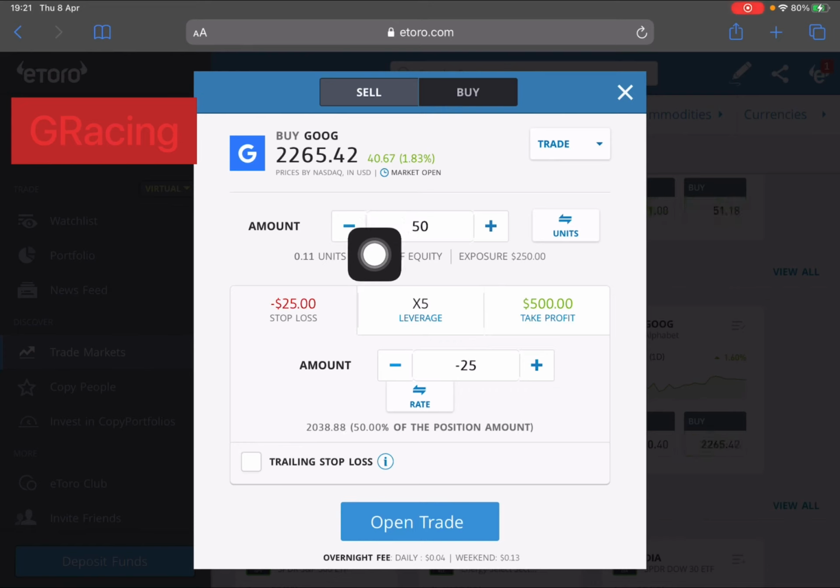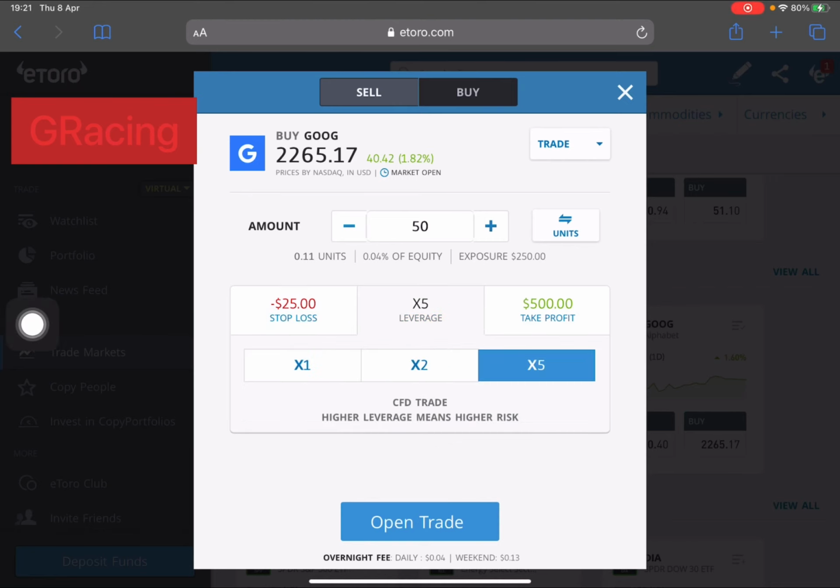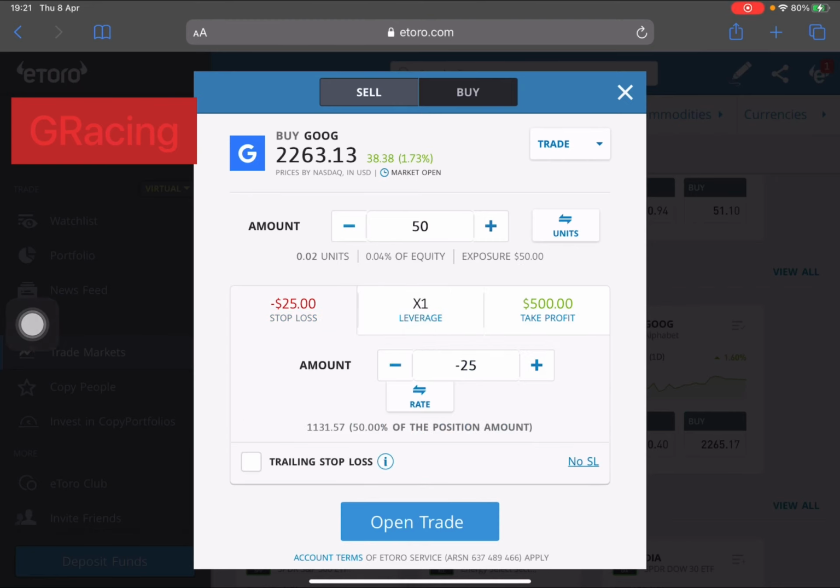At least it didn't eat all of your 50 US dollars. So that's how they protect your money, by using a stop loss. But of course, guys, this one, they will just eat this. So this is the reason why a lot of traders, they lost money because of leveraging.